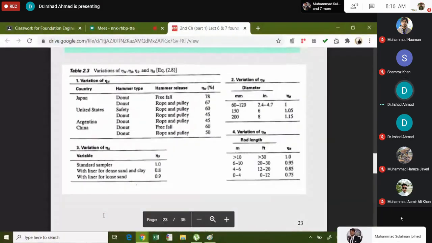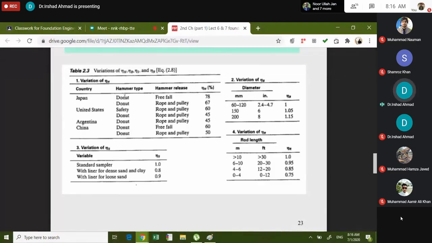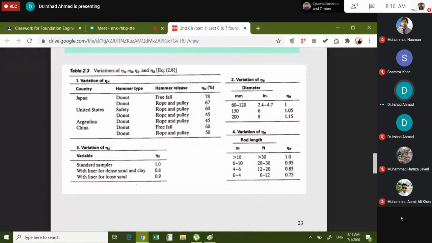See this table, this first one is about energy correction. Different types of SPT machine like Donut, Safety, used in different countries have different efficiencies. The one that we use in Pakistan, we have not recorded its efficiency, right? But I suspect it will be close to 45. And if you use 45, it is conservative. NS is the sampler correction, as I said.